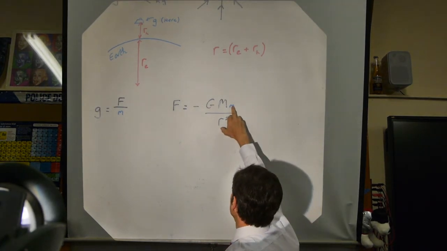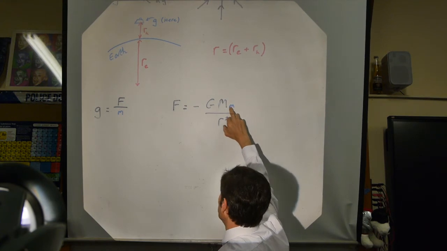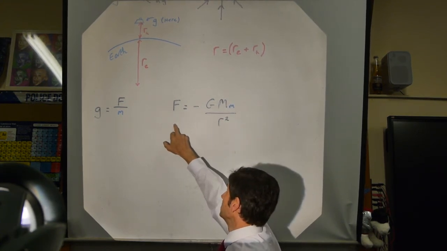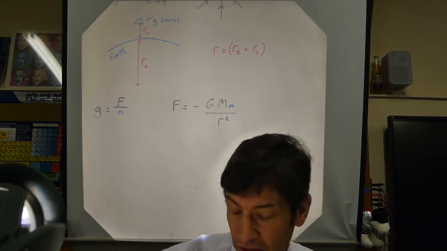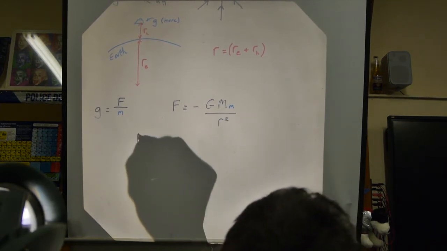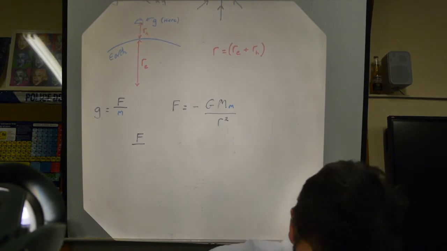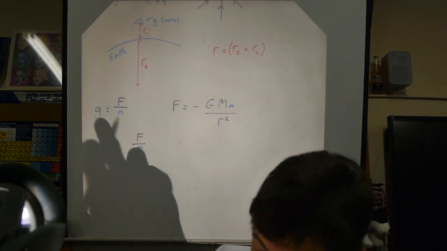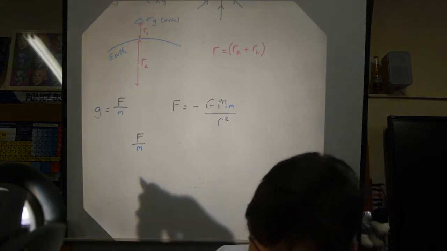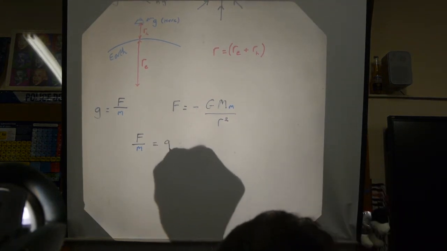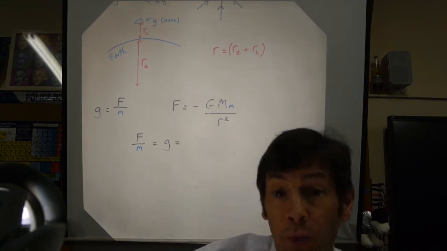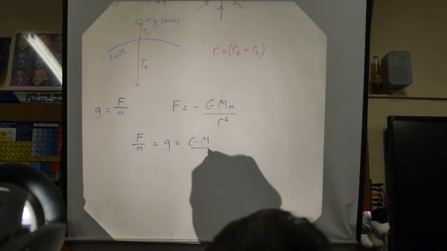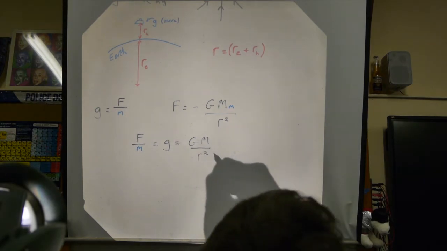But look what happens if we divide this side by m and divide that side by m. So we bring m over here. So we've now got that the force per unit mass, because we've moved the m to here, which is g, which will be GM upon r squared.